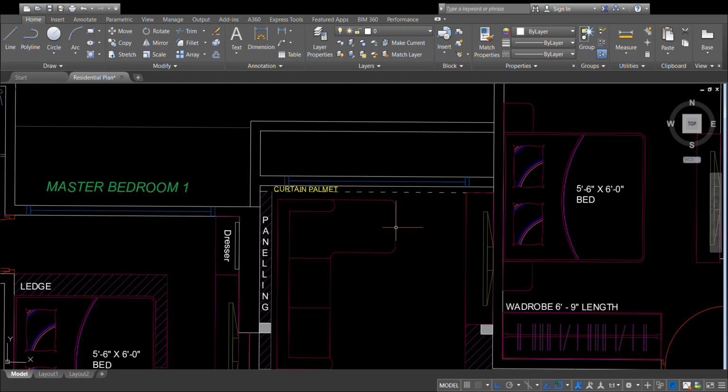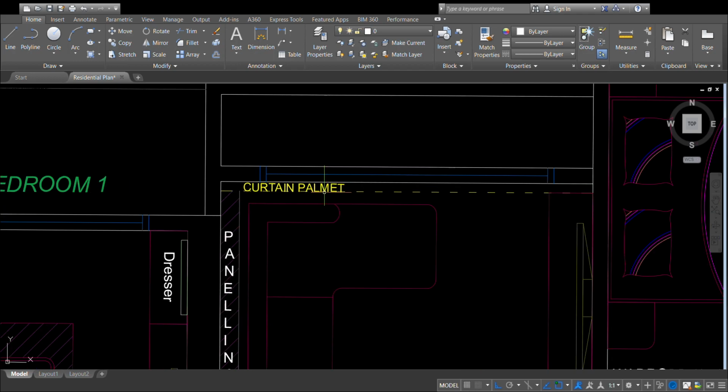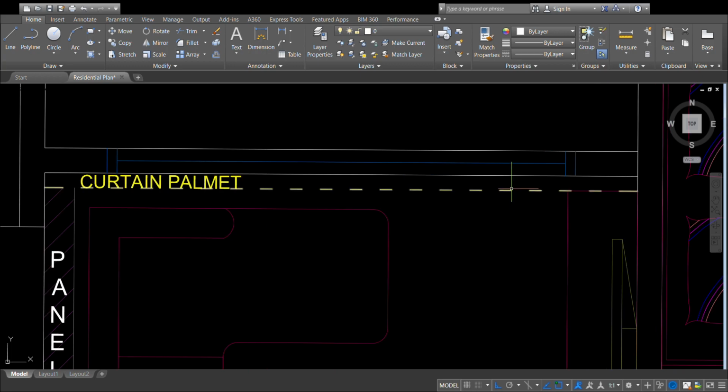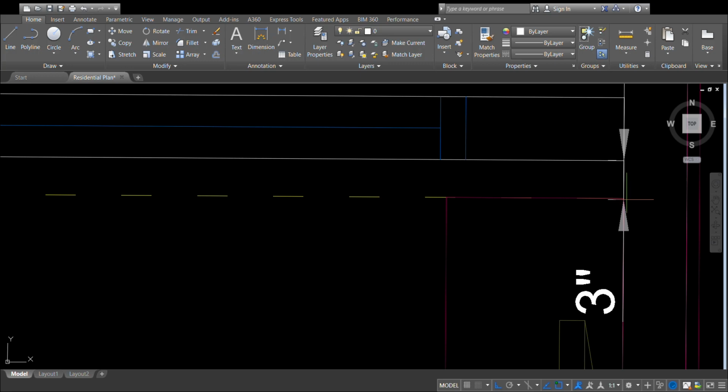Whenever you are presenting a furniture plan or a layout to the client, you need to indicate the curtain pelmets, as it is understood that there will be a curtain here, but indicating it will create a professional impression of you as a designer.